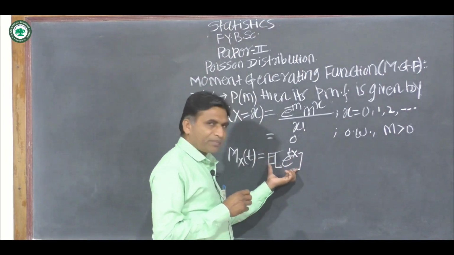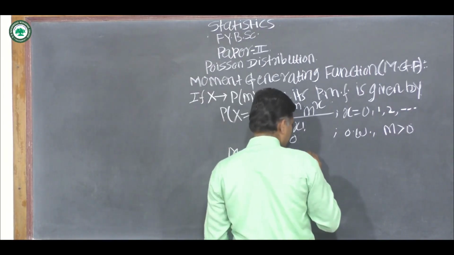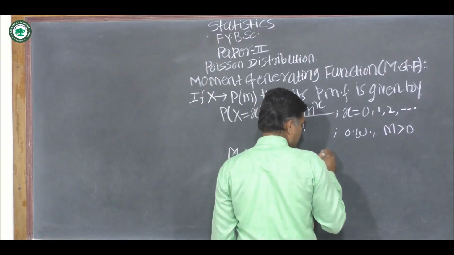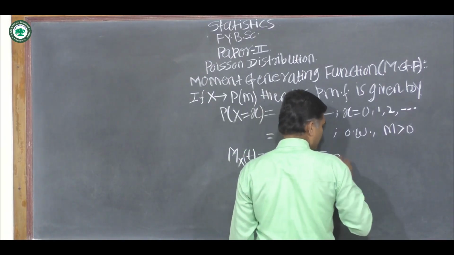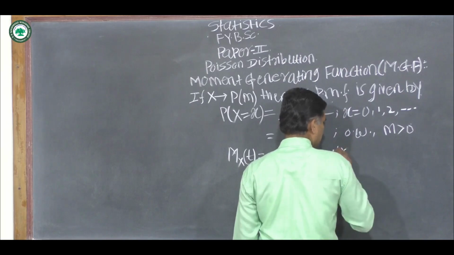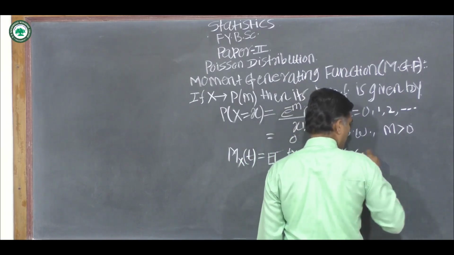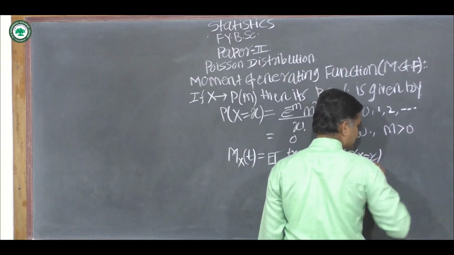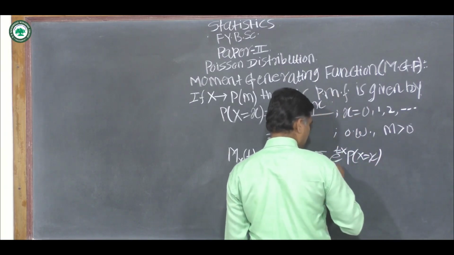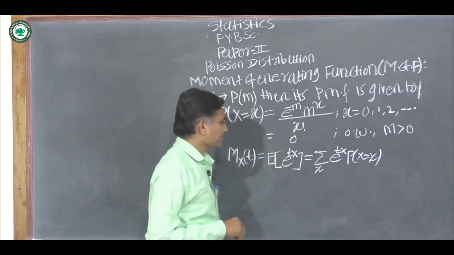By definition of expectation, this is equal to the summation of e raised to t into x into probability of X equal to small x, summation over x.